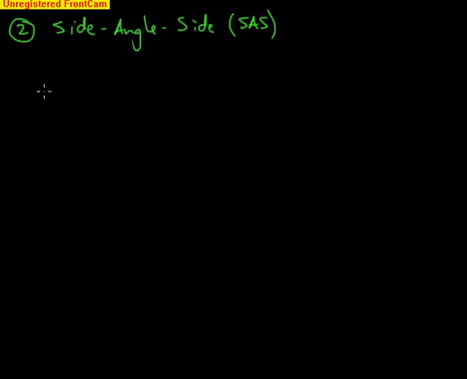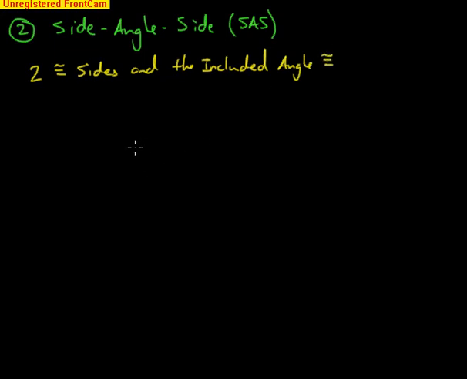The 3 parts we need here are 2 congruent sides and the congruent angle between them, the included angle. 2 congruent sides and the included angle congruent.